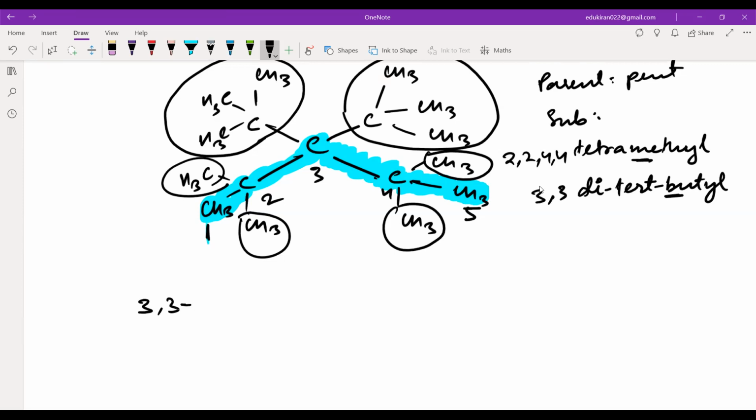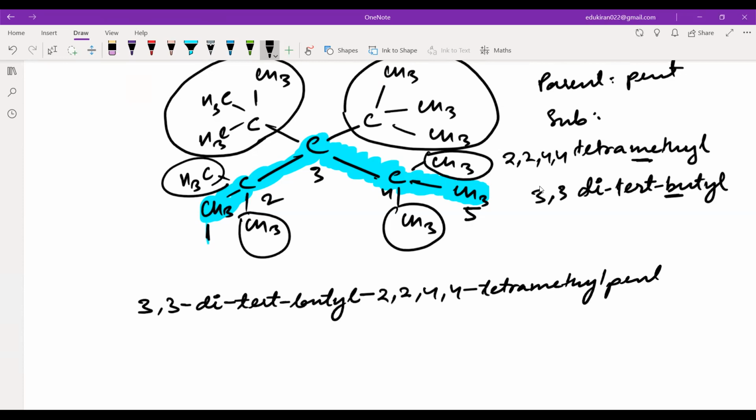So 3, 3 di tert butyl, then we have 2, 2, 4, 4 tetra methyl pentane. You write this down. Let me know if you're done.